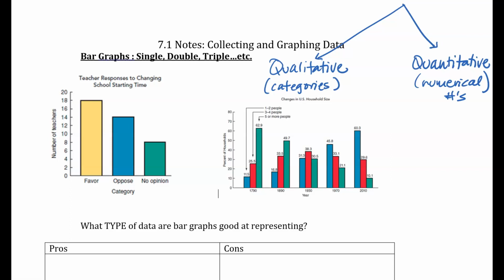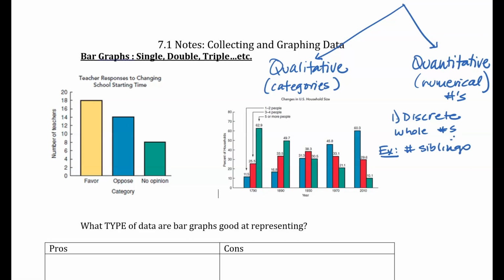And then within quantitative, we're going to talk about two specific types of data. One is discrete, and discrete data is almost always whole numbers. For instance, if I had polled my students and asked them, how many siblings do you each have?